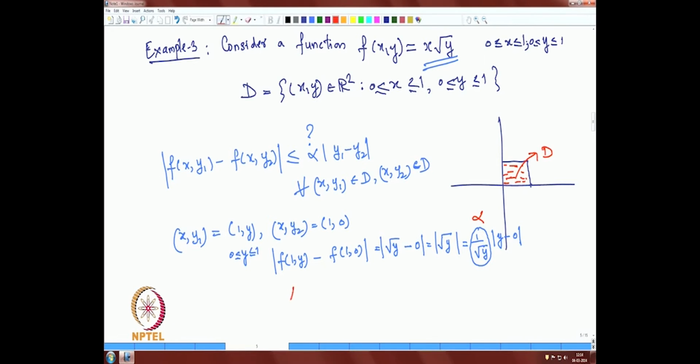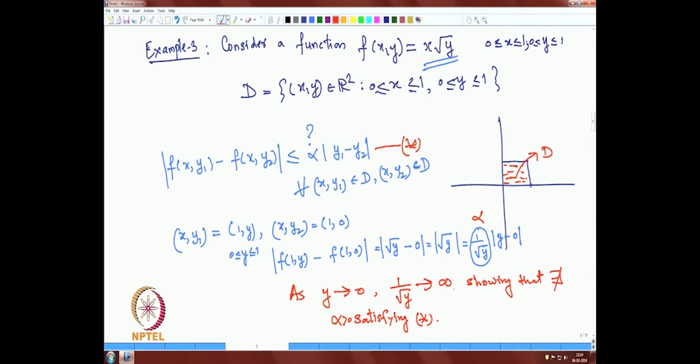But we know that as y approaches 0 from the right side, the quantity 1 by square root of y goes to infinity, showing that there does not exist a finite positive number alpha satisfying the condition. If I call this condition star, satisfying star.